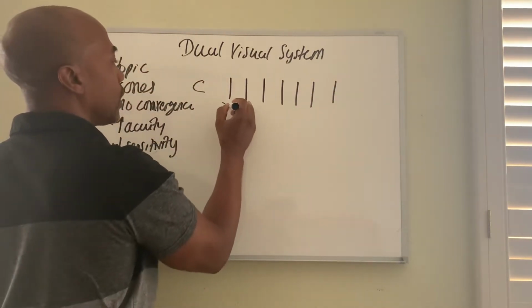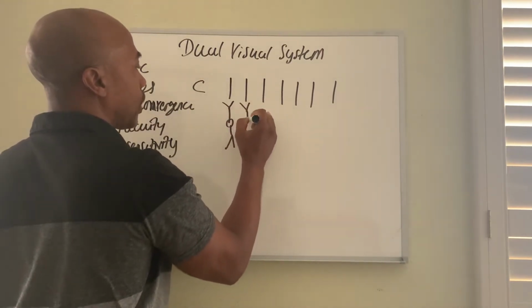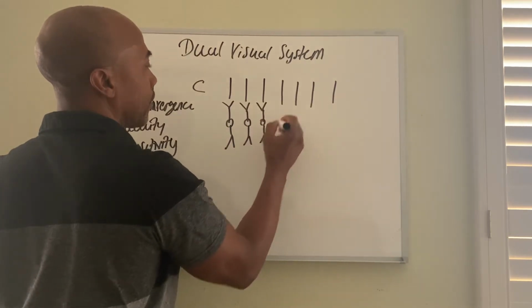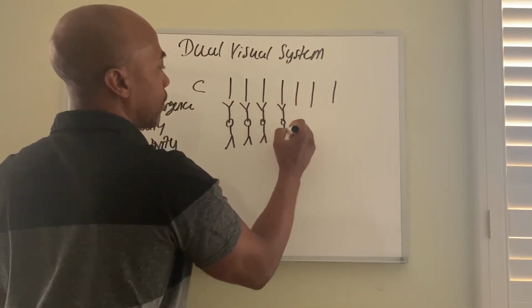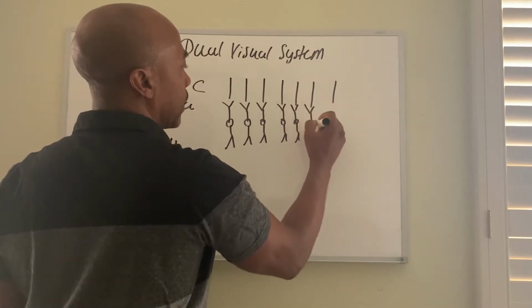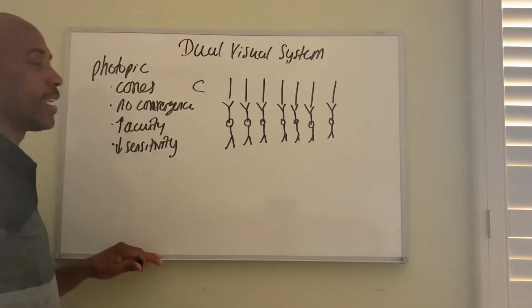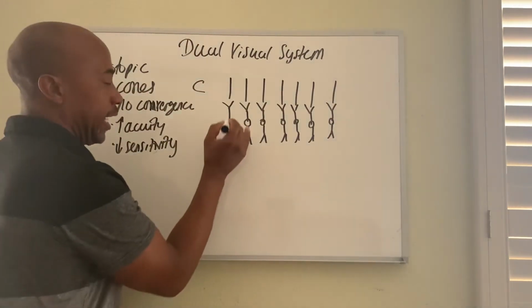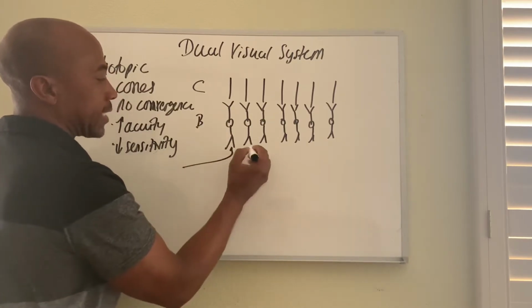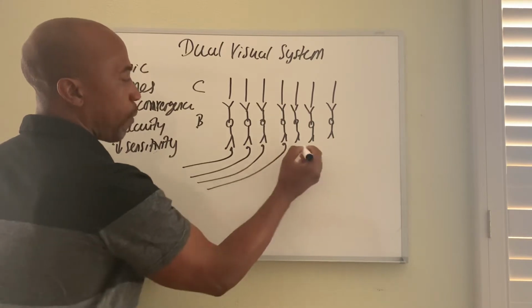Each cone will be linked to its own individual bipolar cell, which in turn will be linked to its own ganglion cell, which forms, again, your optic nerve.